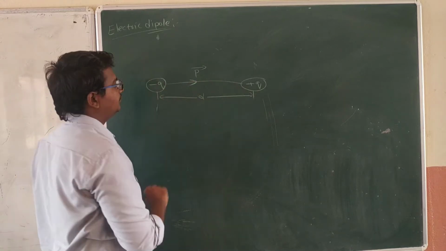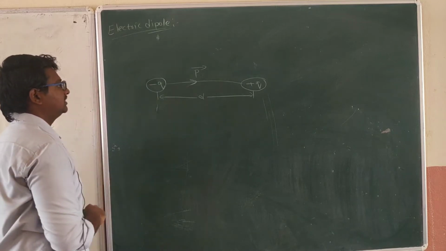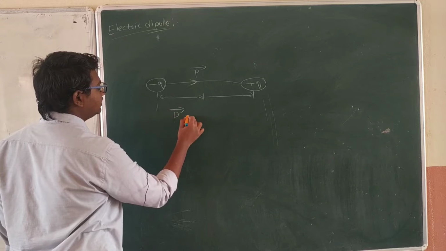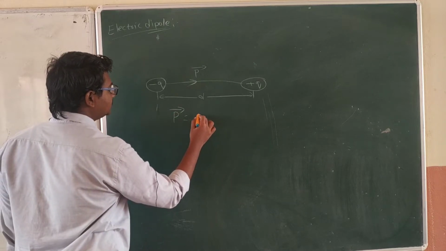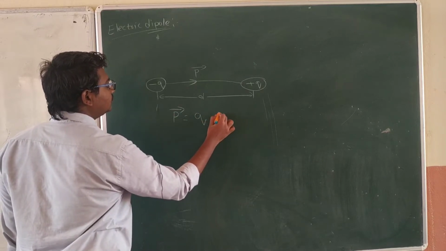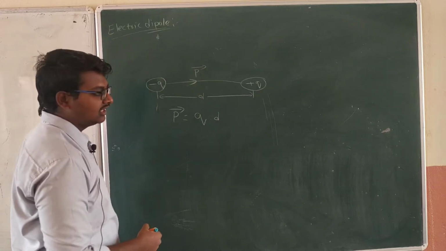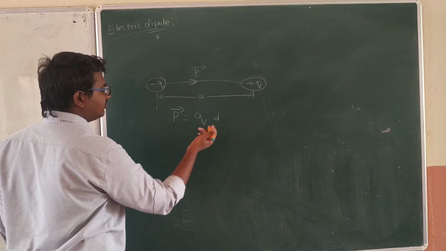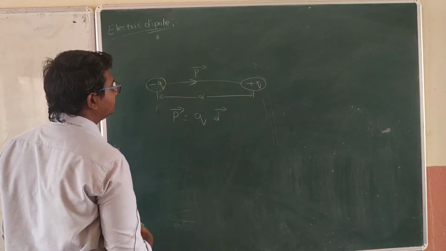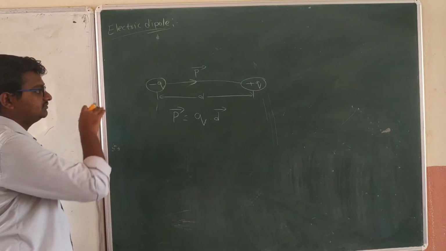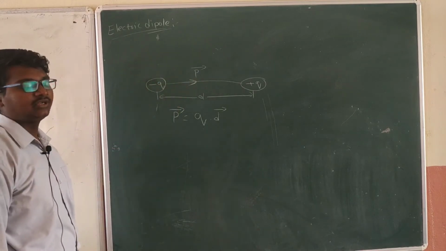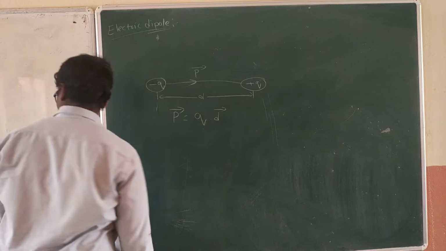And we will give this equation for electric dipole moment, P bar equals Q into D. We already know Q is a scalar quantity, and here D will be the vector that we have to consider. D is tending from negative to positive, right?